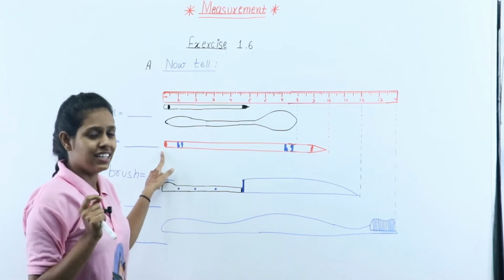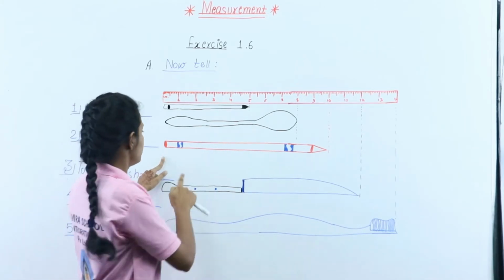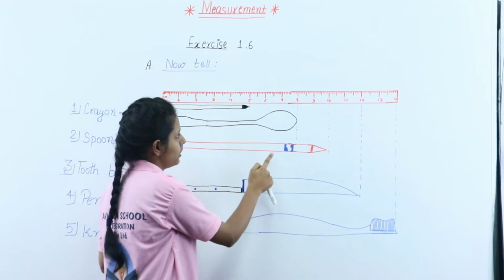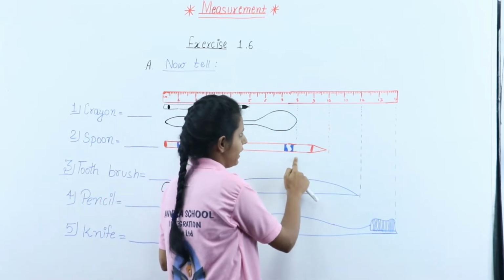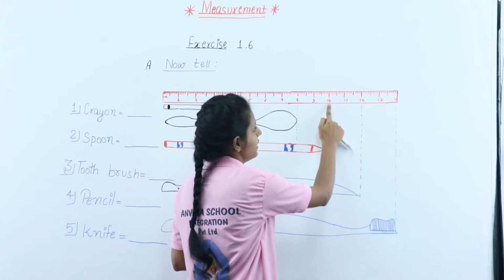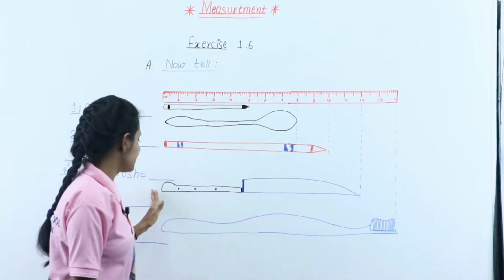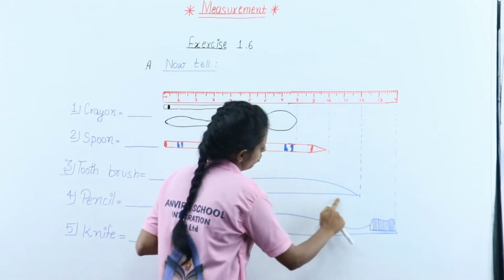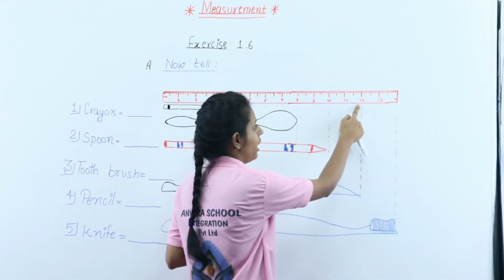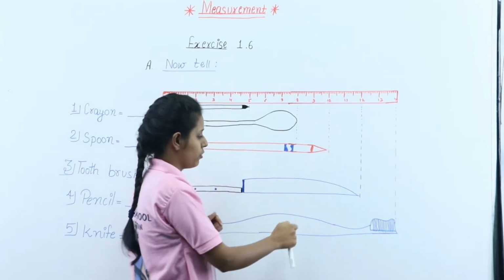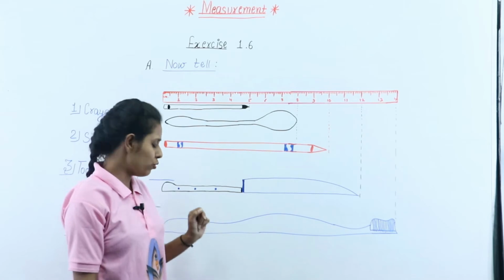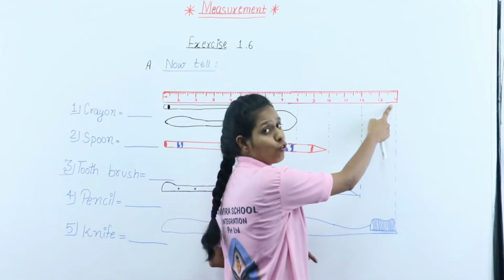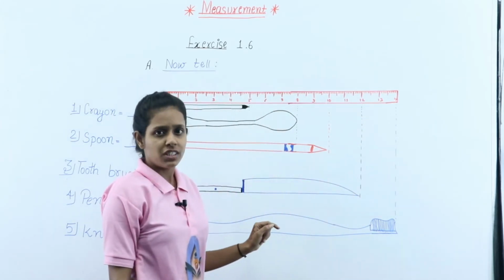Next is a crayon. How long is this? 1, 2, 3, 4, 5, 6, 7, 8, 9 and 10 centimeter long. Next is a knife. The length of the knife is 12 centimeter. Next is a toothbrush. The toothbrush length is 14 centimeter.